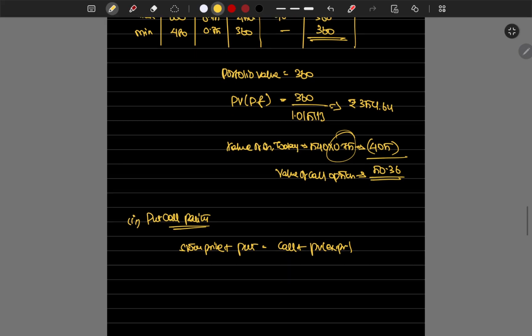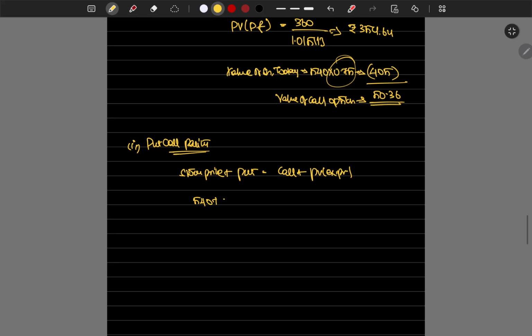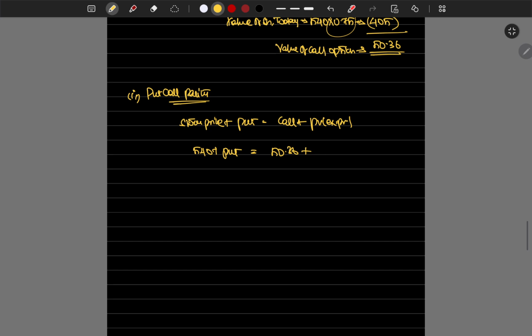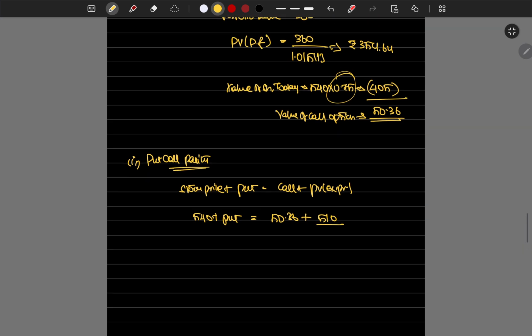Stock price today is 540. Put we don't know. Call we know, which is 50.36. What's the exercise price? 510, divided by discount rate, which is 1.015113. So 510 divided by 1.015113 plus 50.36 minus 540, which is put is equal to value of put option 12.6767.